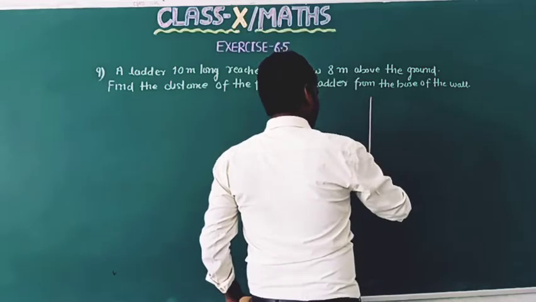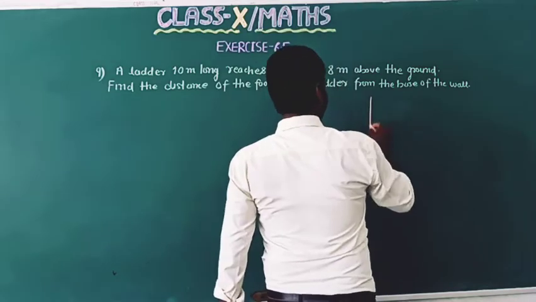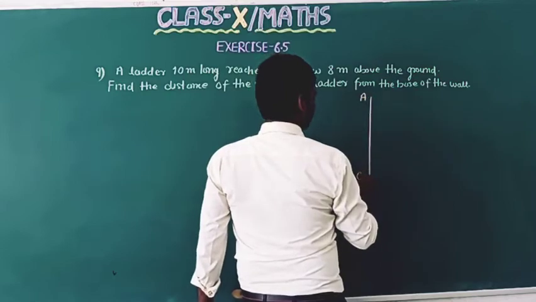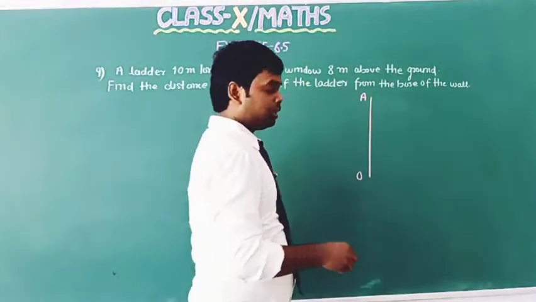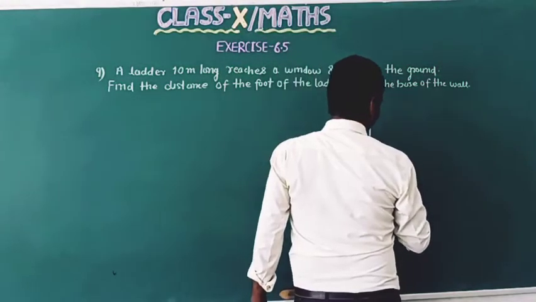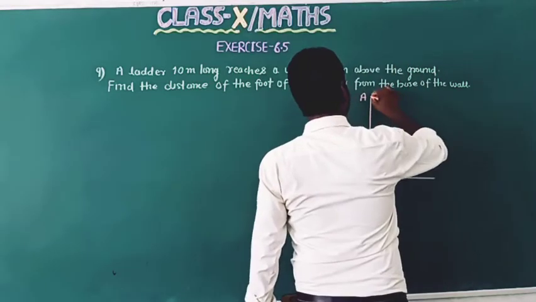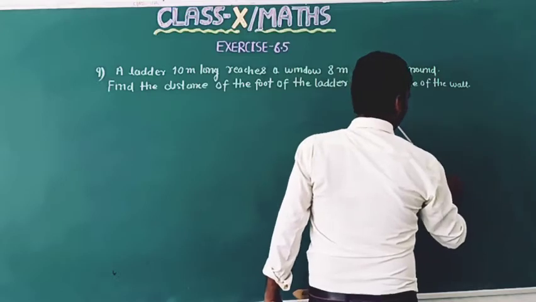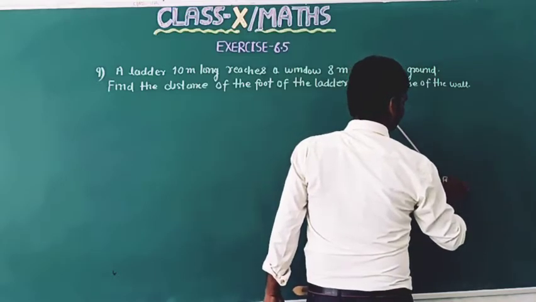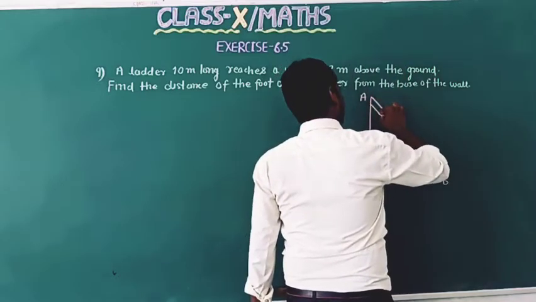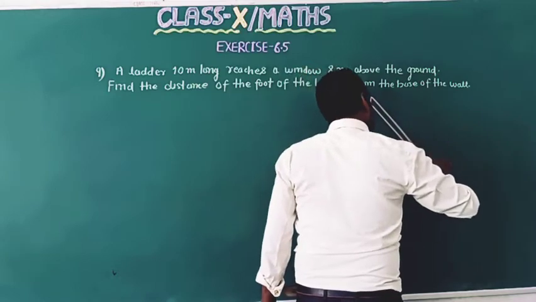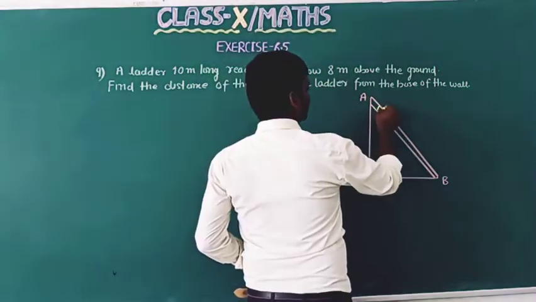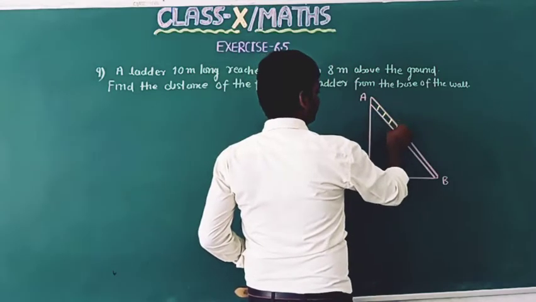Suppose this is the wall AOB, and AB is the ladder.